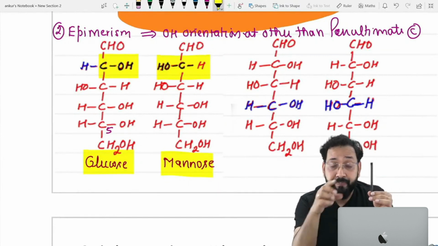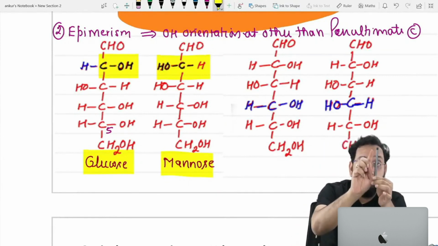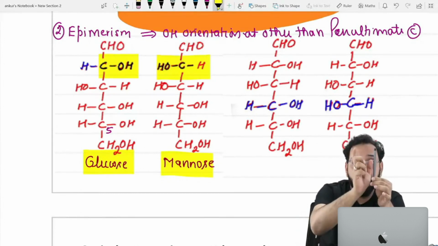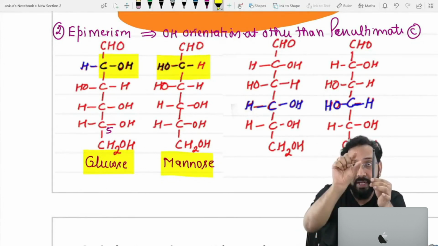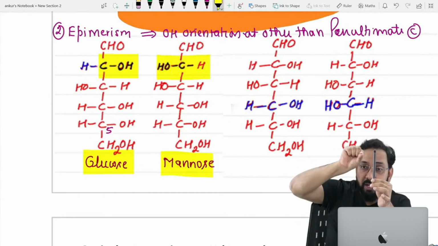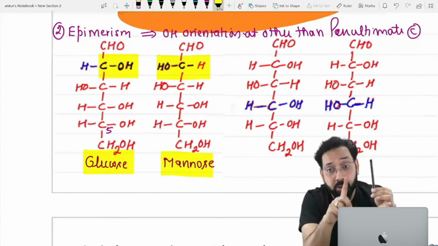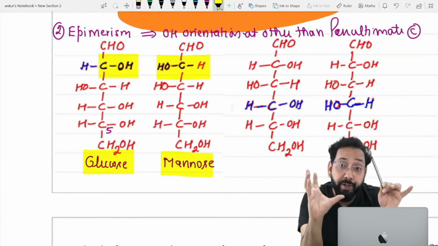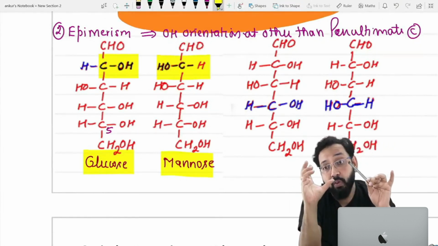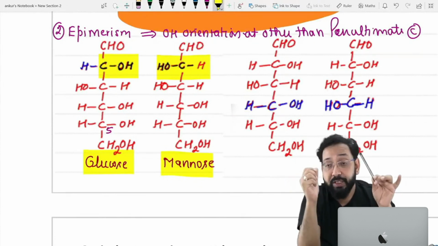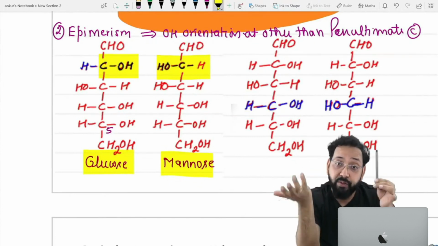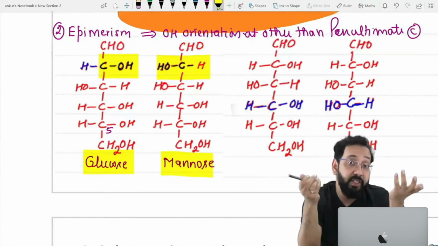Again, this is glucose. In this glucose, 1, 2, 3, 4, 5, 6, at carbon number 2, OH is on the right side. If I rotate this OH to the left, it will become mannose. So the only difference between glucose and mannose is OH orientation at C2. At C2 OH on the right side is glucose, on the left side is mannose.